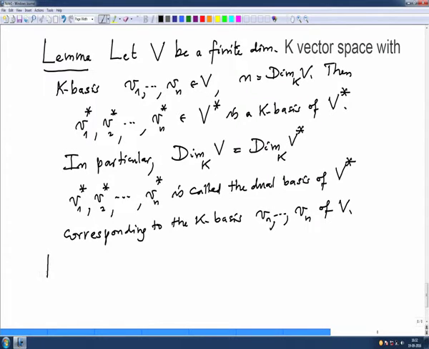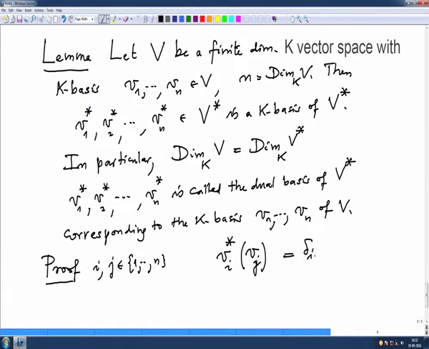So, proof. The most important thing that we will use in the proof is: if you fix j in 1 to n, and any i and j both in 1 to n, then by definition Vi star evaluated at Vj is delta ij, the Kronecker symbol.